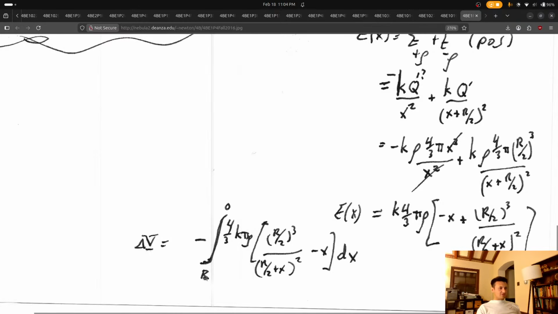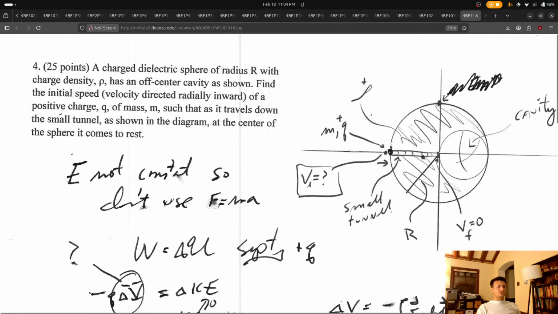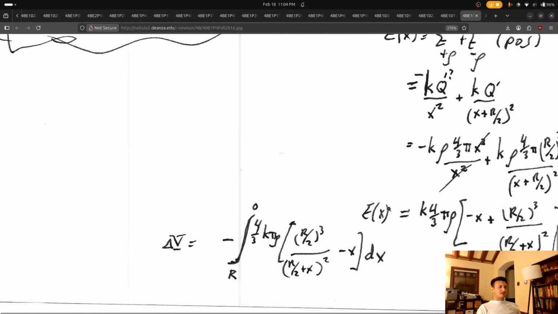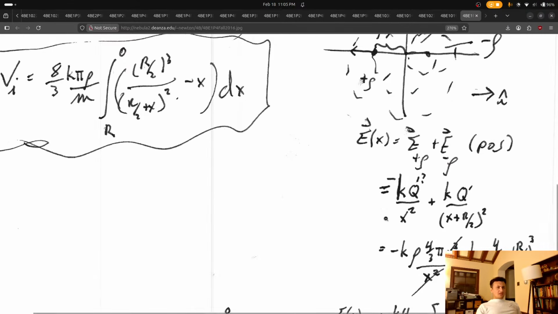He integrates from R to 0. Why did he integrate from R to 0? Why didn't he integrate? Oh, wait. It's just, oh, it's shot in. Okay. It's shot in. That's fine.